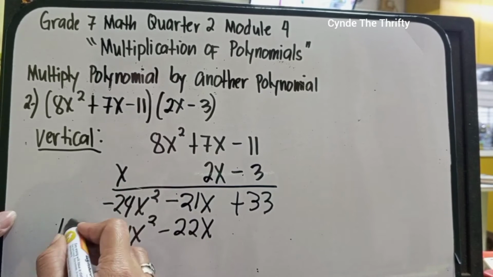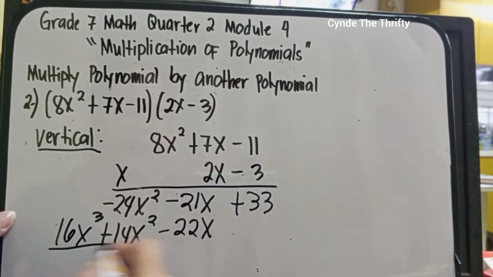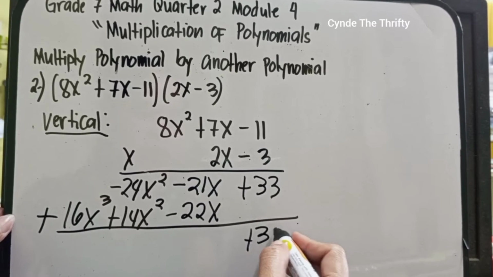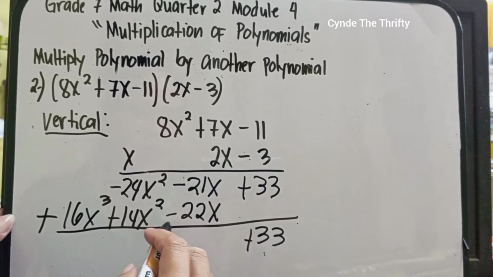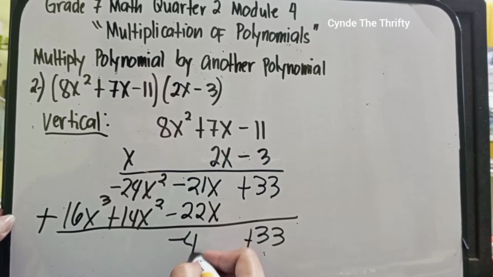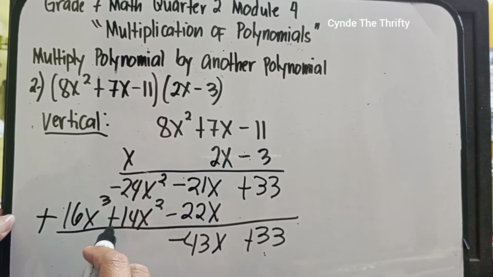So, 16x cubed. And then, i-add na natin. Bring down positive 33. And the negative and negative, kopyahin natin ang common sign at i-add natin ang numbers. So, 21 plus 22 is equal to 43. Kopyahin natin si x. And the negative and positive, subtract.